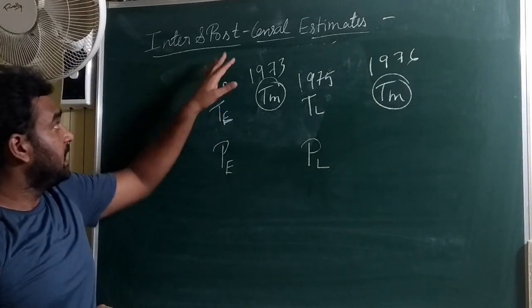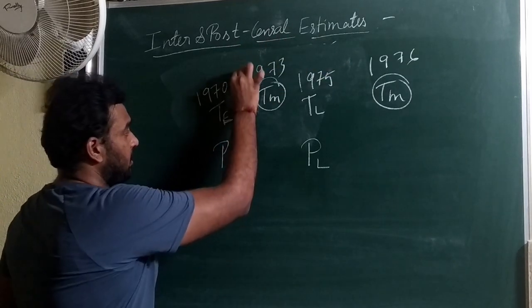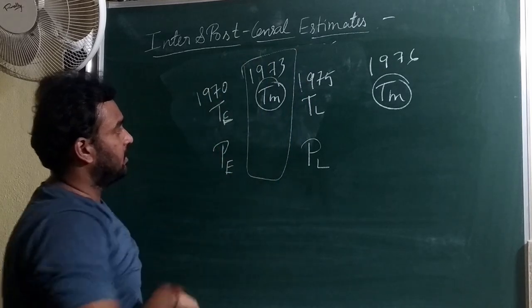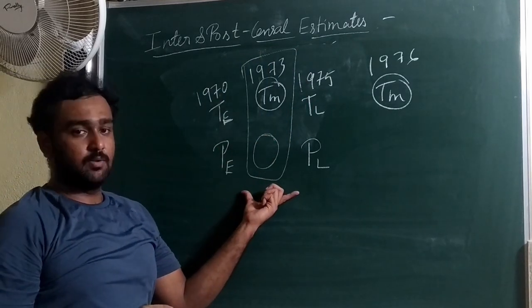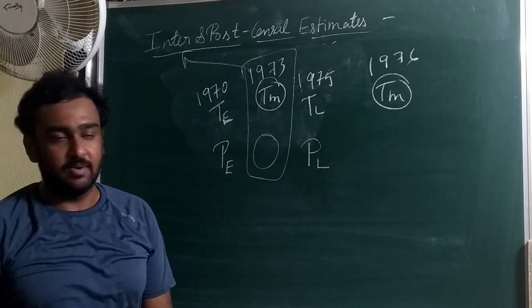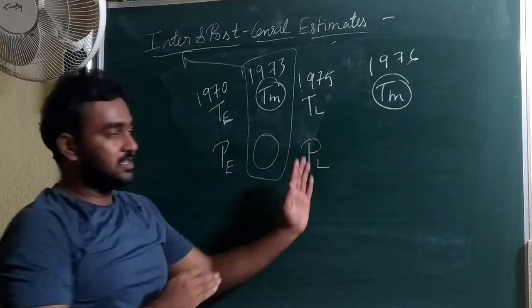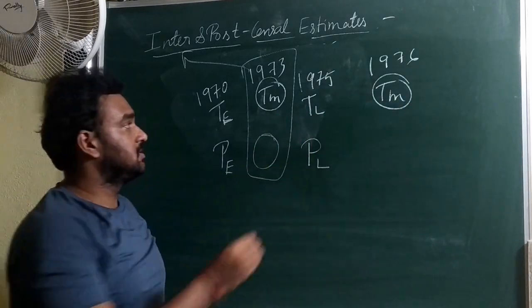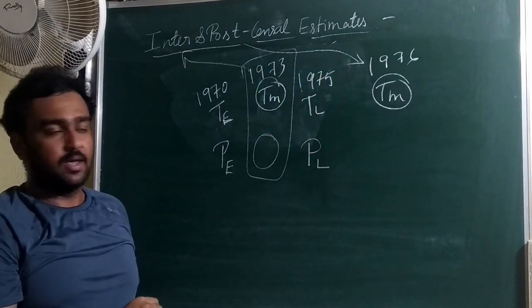I have mentioned inter-censal and post-censal estimates. The population in between the known data is said to be the inter-censal estimate, and the population estimated beyond the last known census data is said to be post-censal.